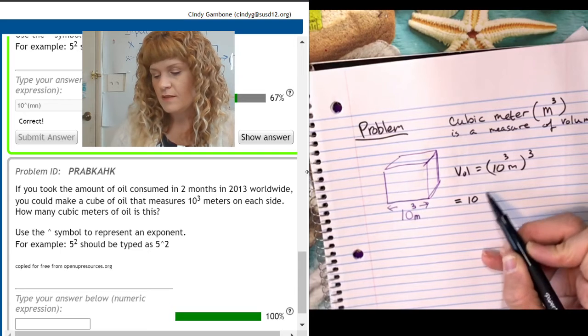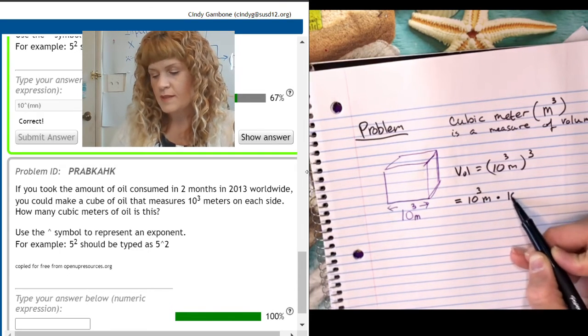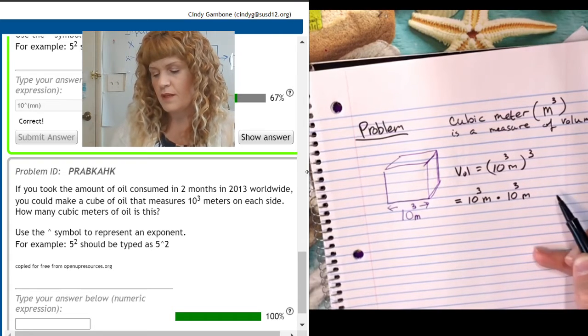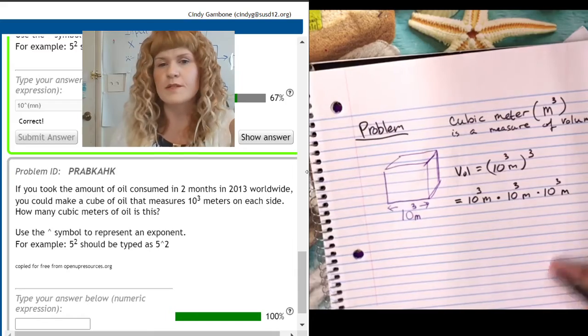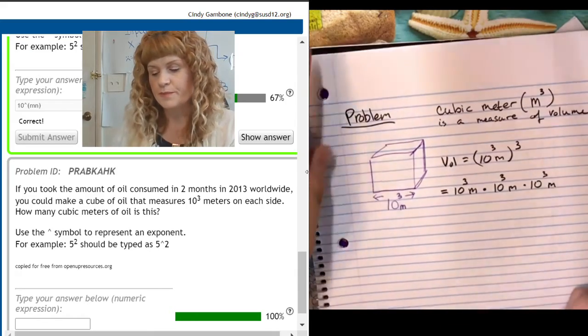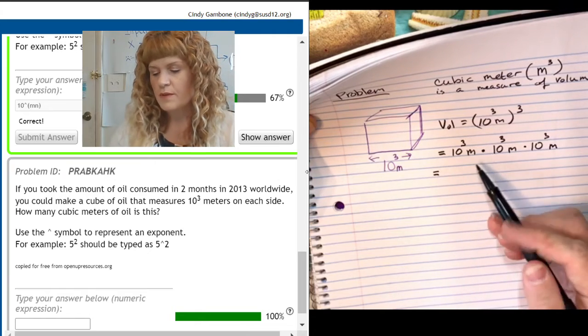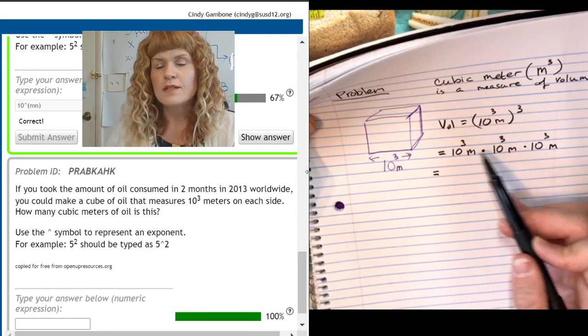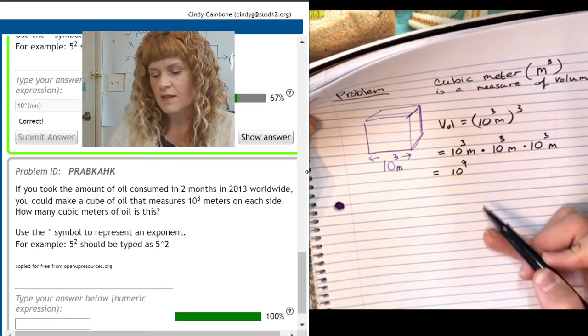That's 10 to the third meters times 10 to the third meters times 10 to the third meters. Please write this in your notes too. Now you see that the volume equals 10 to the third times 10 to the third times 10 to the third. That's 10 to the ninth.